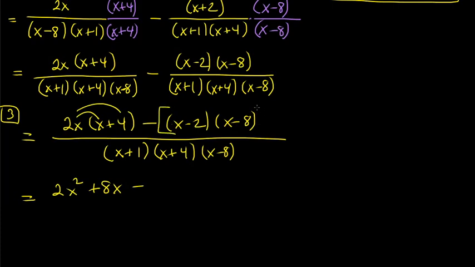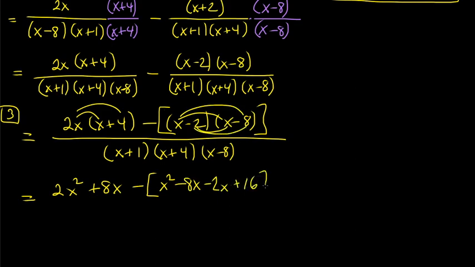Minus all of this. This is just FOIL. x times x, x squared. x times negative 8 is negative 8x, minus 2x. And then negative 2 times negative 8 is positive 16, all over the same denominator.